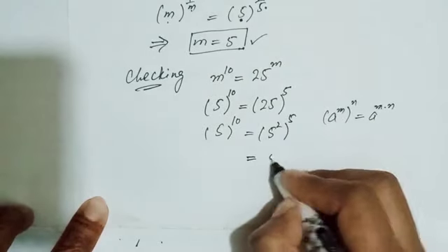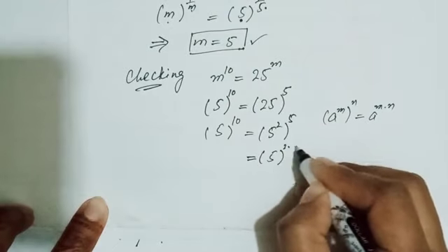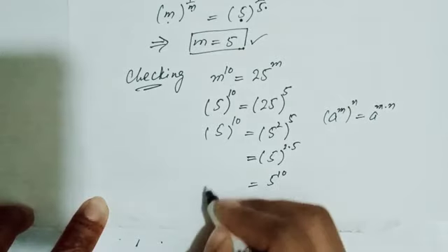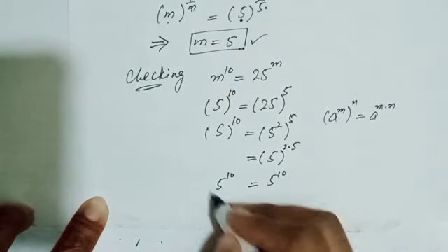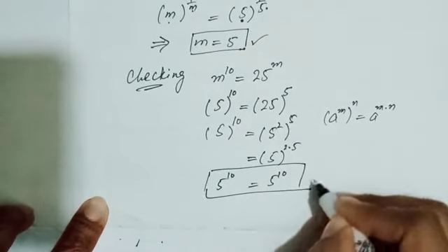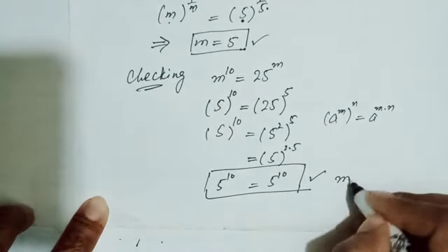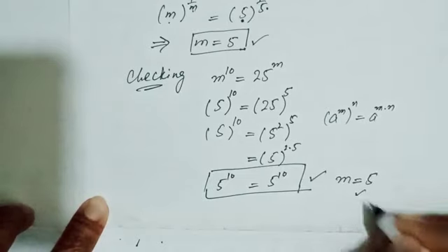So I can write this as 5 to the power 10. So 5 to the power 10 is equal to 5 to the power 10. So our value, that is m equal to 5, is right.